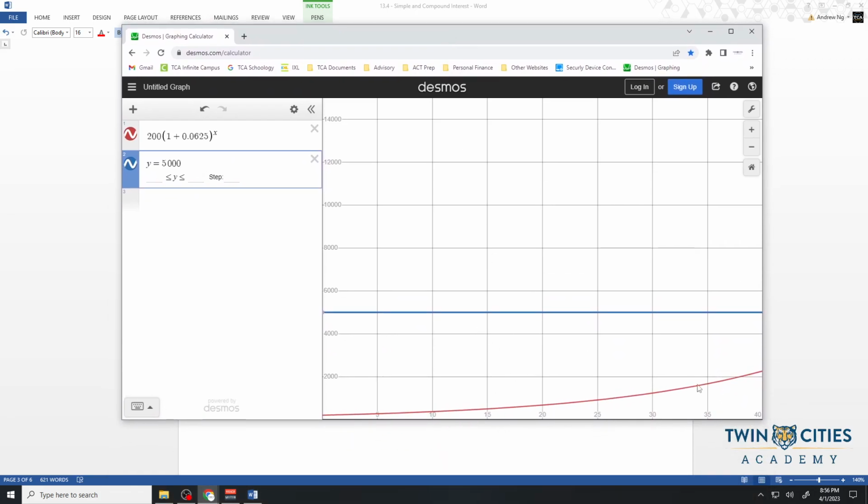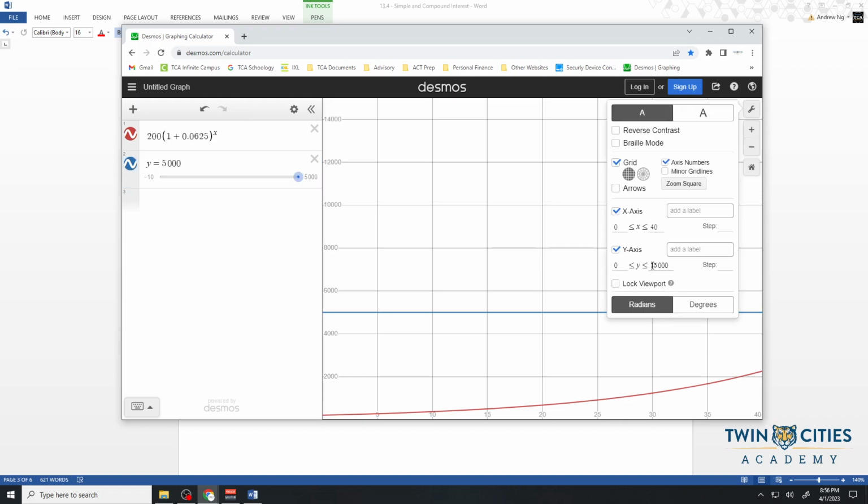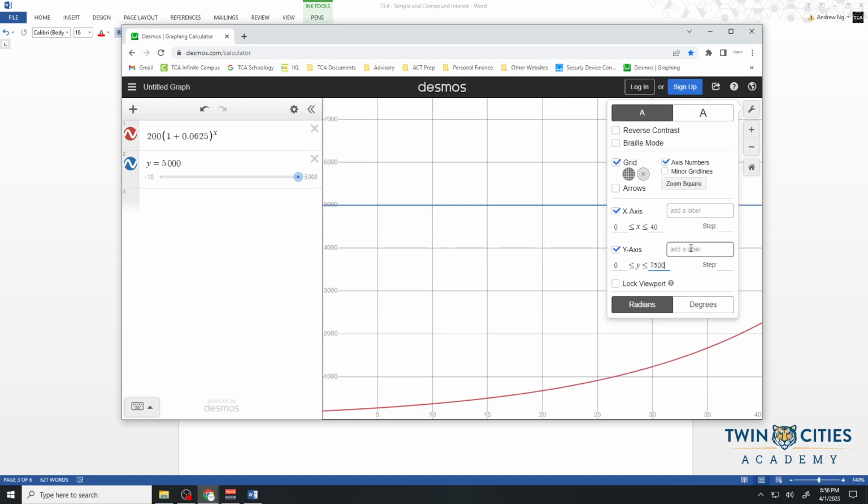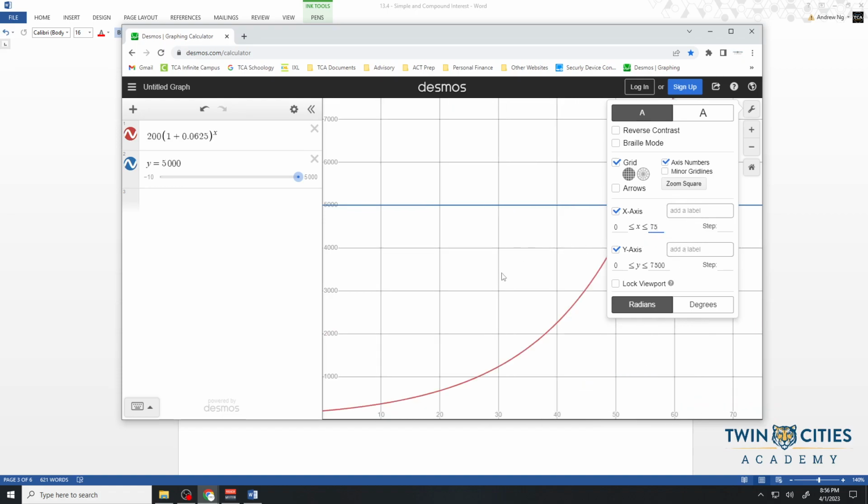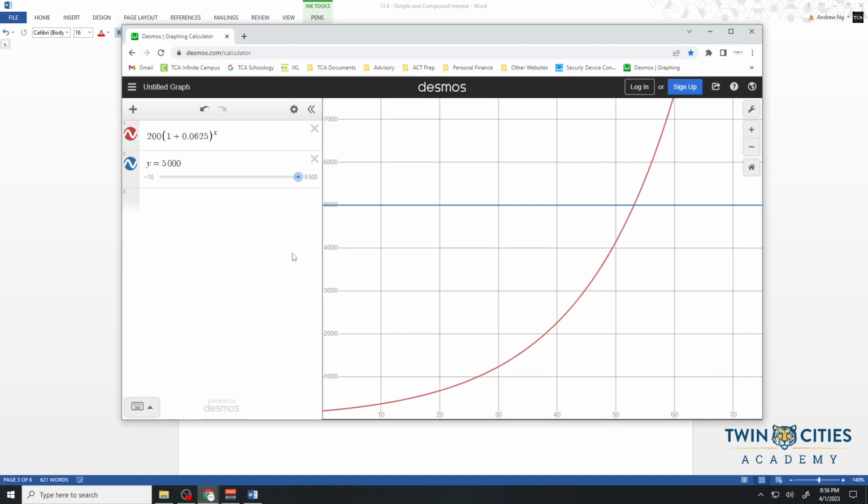Okay, it looks like I'm off the chart here, so I'm going to change my graph settings. Let's make this just a little more than 5,000, say 7,500. And it looks like I'm going to need more than 40 years. So let's try maybe 75 years. Okay, so I started 200, and this grows and grows, and then now it's going to start rapidly growing.